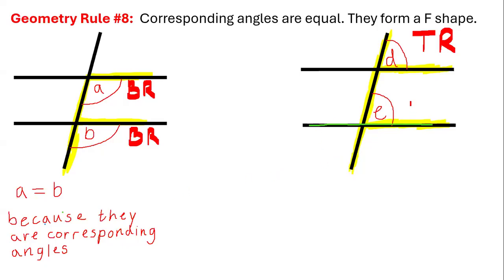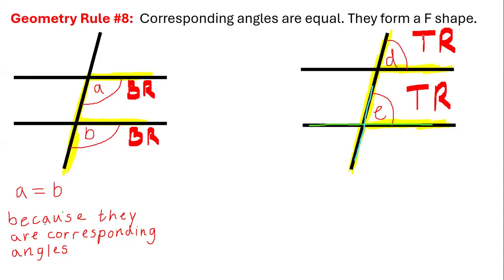It's to the top of it. Very good. And with respect to the blue line, is E to the left of the blue line or to the right? The right. To the right. Very good.